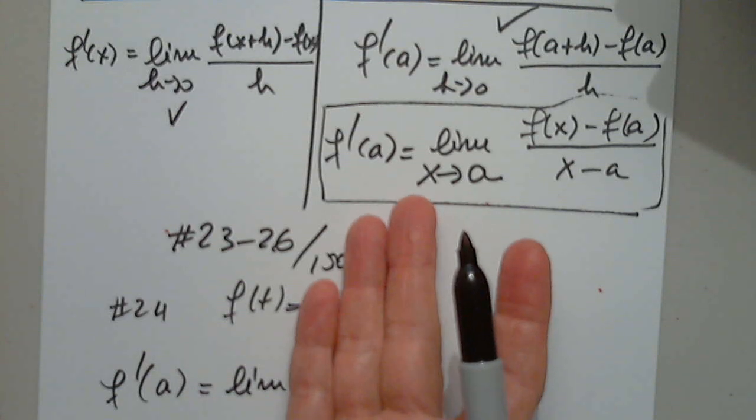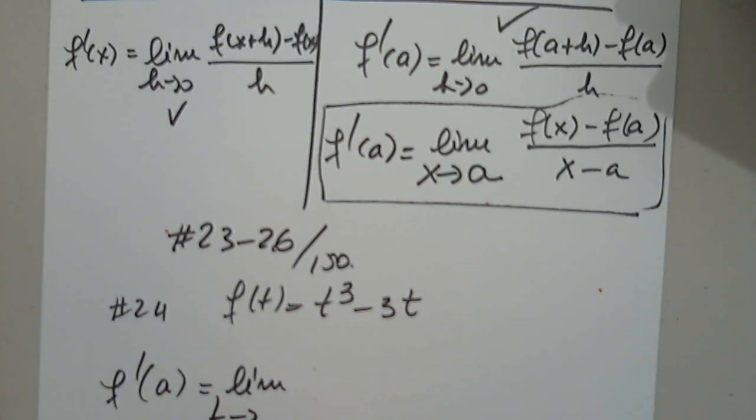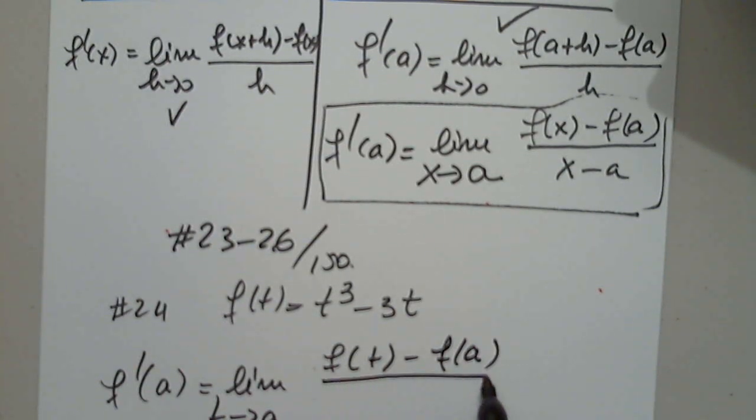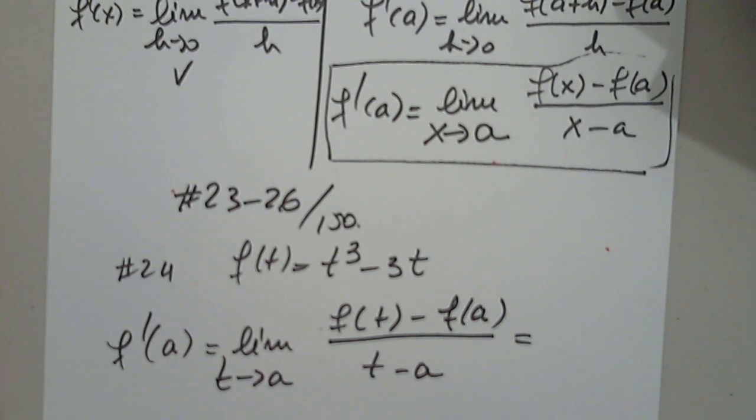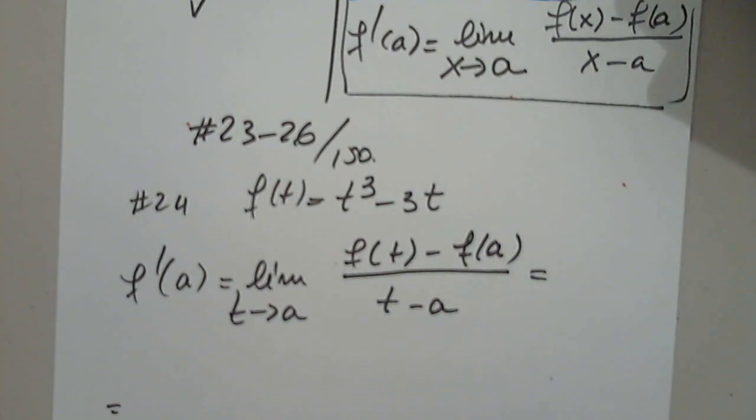Since it's t, I cannot use x, so it's t approaches a of f of t minus f of a divided by t minus a. So we want to use a second definition because this is exactly the same. Okay, perfect. So therefore, I will continue replacing f of t.